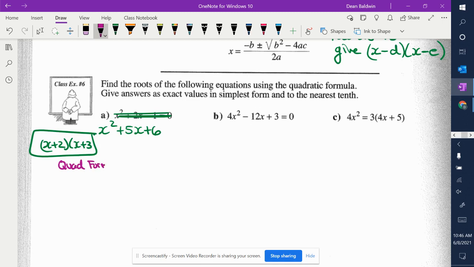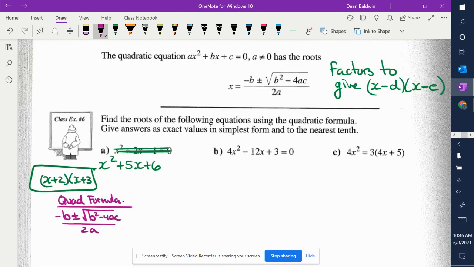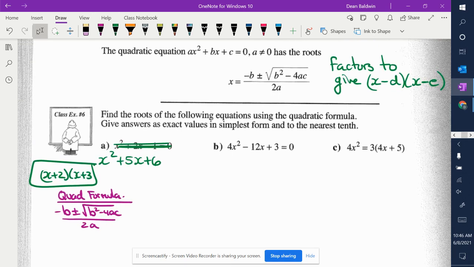The quad formula. The only trick to using the quadratic formula is knowing what A, B, and C are. If you look at the general term of a quadratic equation, quadratic just means the highest degree is 2. That's all it means.